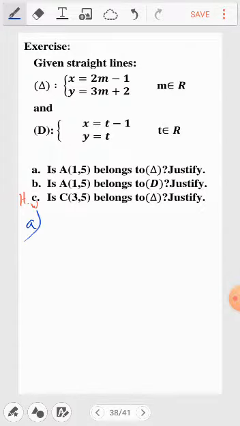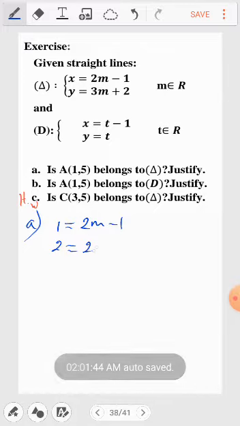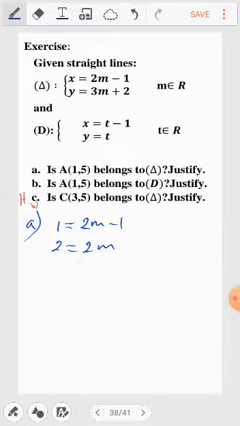Does A(1,5) belong to delta? Justify your answer. So replace instead of x 1. So 1 equal to m minus 1. Then find m. So 2 is equal to 2m. جبنا الماينس 1 عند ال1 صارت بلس 1 مع ال1 2. So m equal 1. من ناحية تاني, replace y equal 5 instead of y in delta.